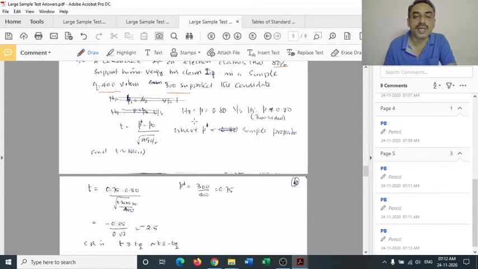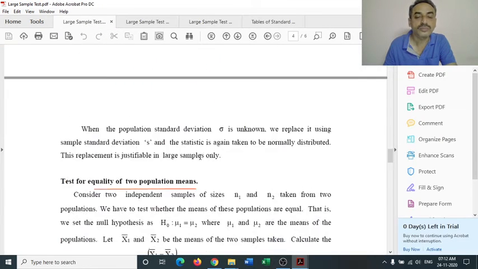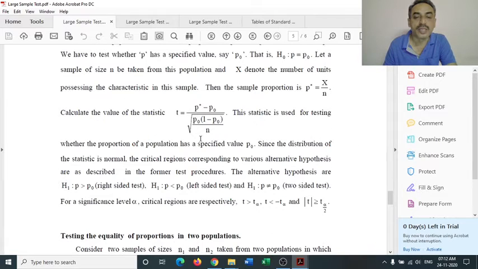So we have the null hypothesis p equal to 0.80 and the alternate hypothesis p not equal to 0.80. So it's again two-sided. The statistic is, in the case of a proportion, p star minus p0 divided by root of p0 q0 by n, where q0 is 1 minus p0.